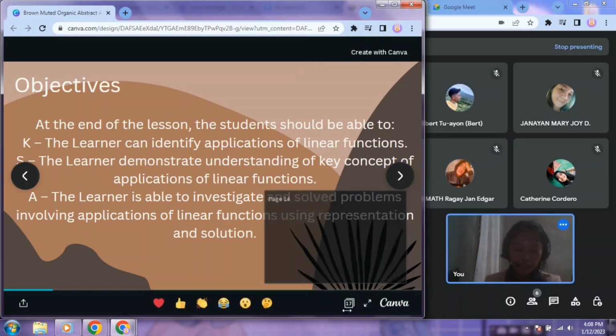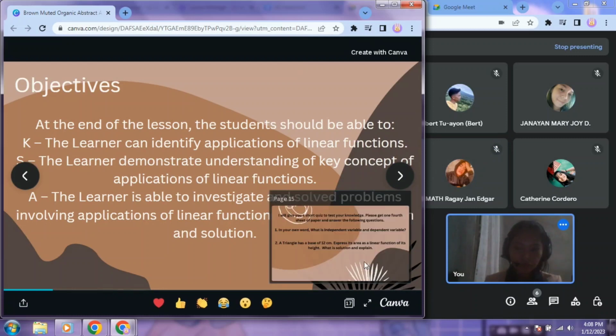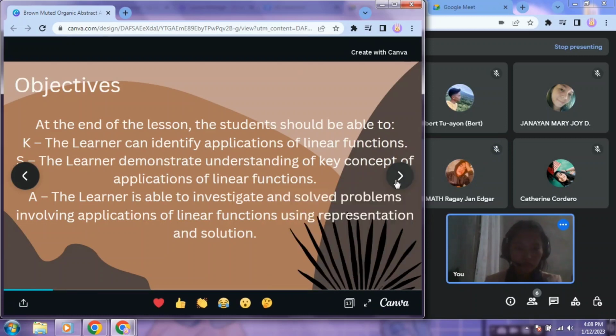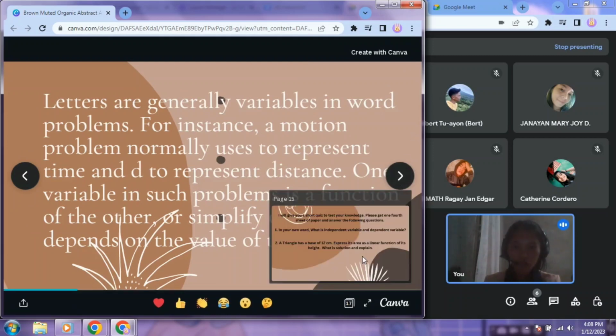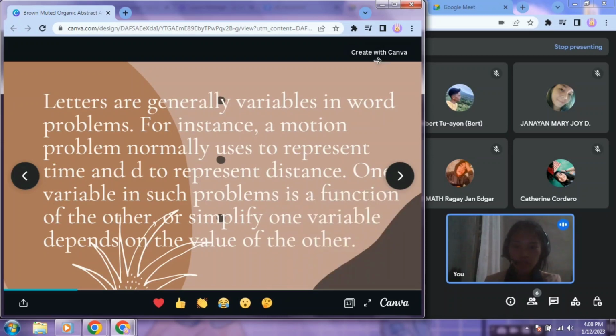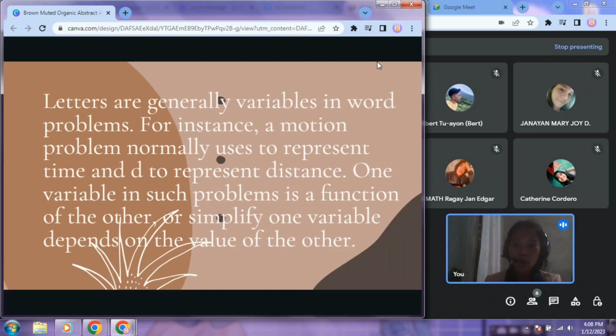Letters are generally used as variables in word problems. For instance, a motion problem normally uses t to represent time and d to represent distance. One variable in such problems is a function of the other, or simply, one variable depends on the value of the other.